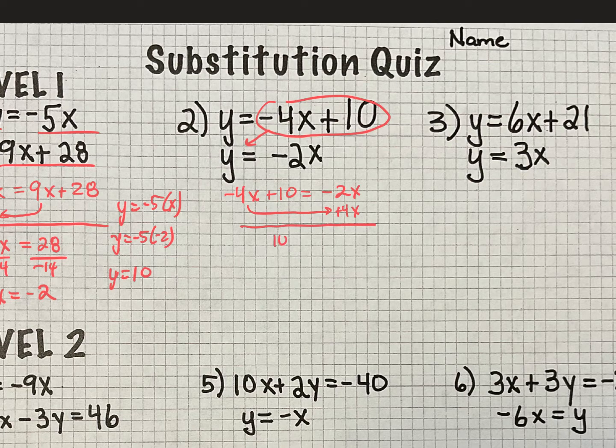The 10 comes down, equals, if I have 2 people fighting on the negative 2x team, and I have 4 people fighting on the positive 4x team, then the positive team wins by 2 x's. So I divided by 2, x equals 5, and if y equals negative 2 times x, then y equals negative 2 times 5, and y equals negative 10.